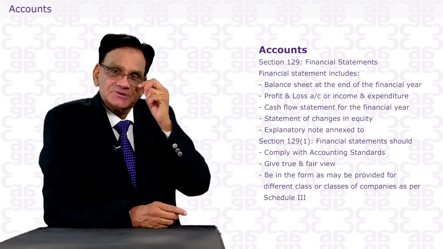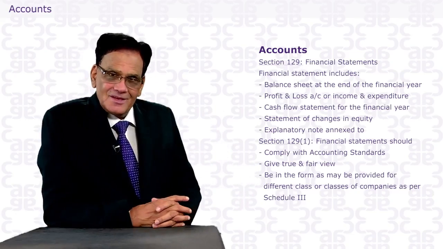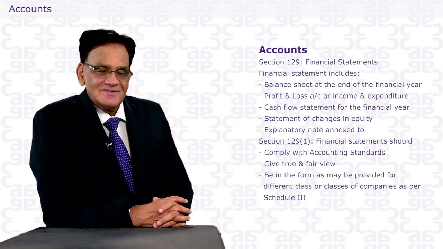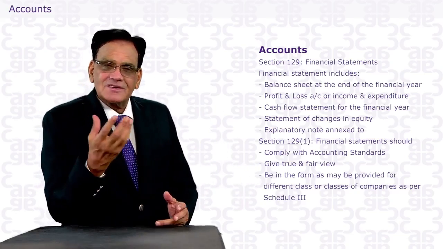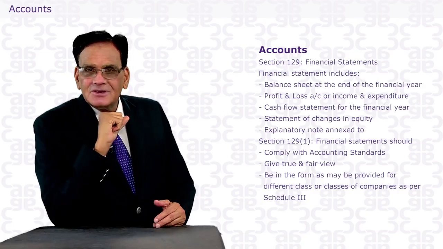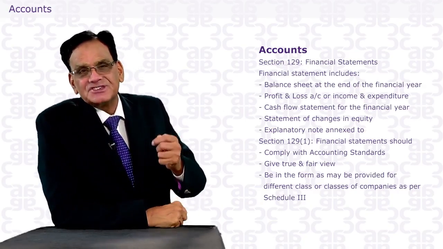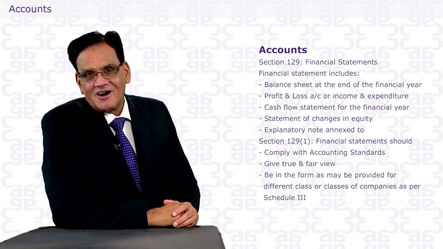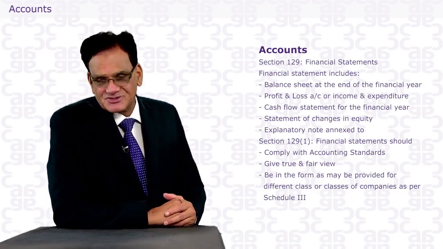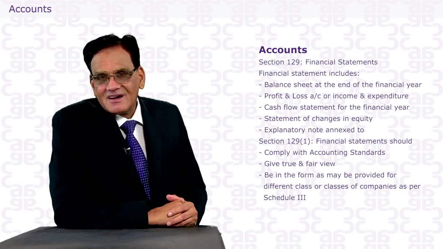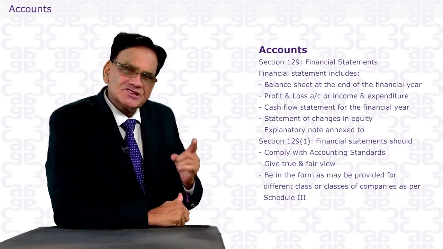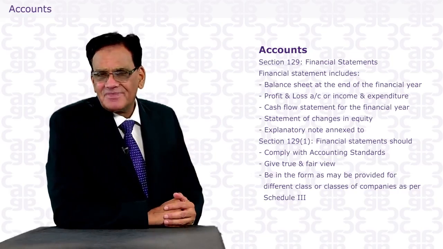Then further the law says, what it has to say here. You are a banking company. You are the insurance company. You are the electricity company. Or you are a different company under some other Act. Are you bound to comply with the same accounting standards that we have provided?